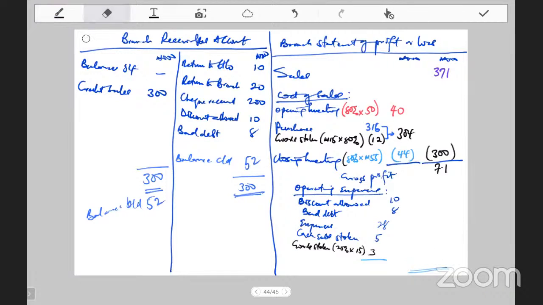What's the addition of everything? So what would that be, the difference? 71 minus 54. 17. So that's the answer.